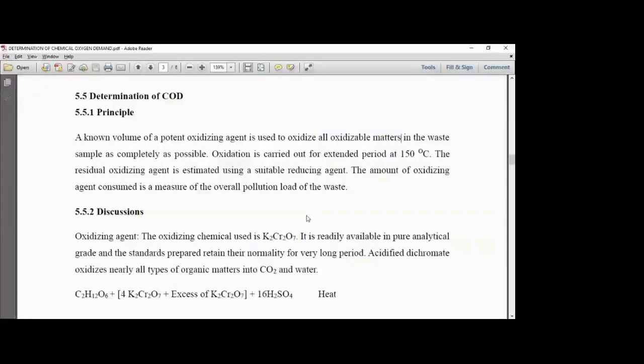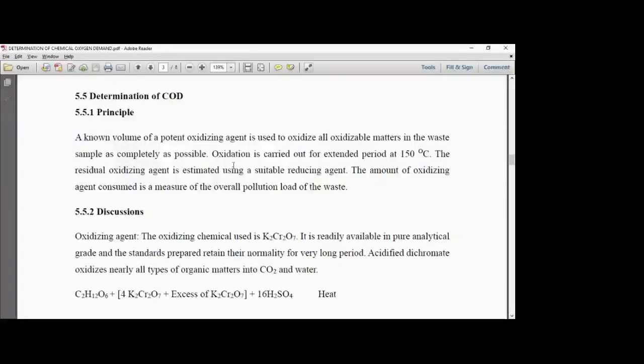The oxidation reaction will happen for an extended period, normally 1.5 hours at 150 degrees Celsius. I think up to this part you have understood. I am repeating: 10 ml of 0.25 normal K2Cr2O7 is added to completely oxidize all the oxidizable matter for 1.5 hours at 150 degrees Celsius.